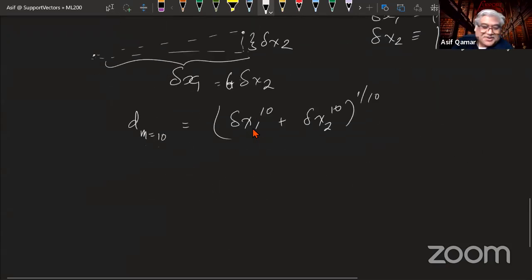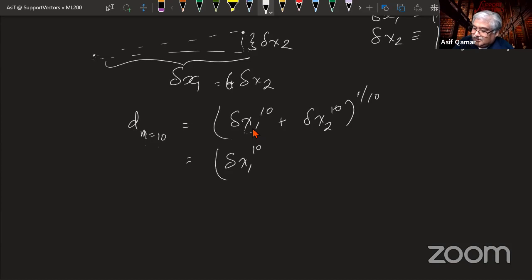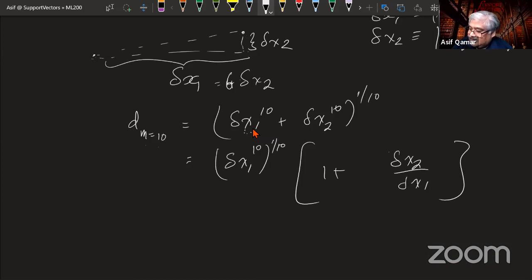Now I'm going to do a little bit of magic here. Suppose I took delta x1 to the power 10 out, and to the power 1/10, which is nothing but delta x1. And this equation therefore becomes delta x2 over delta x1 to the power 10, whole thing to the power 1/10.